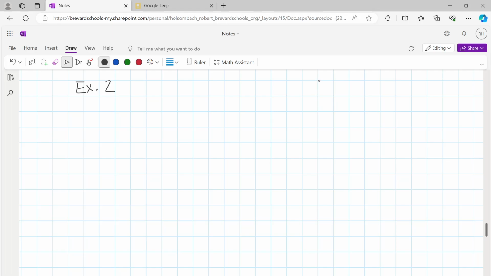We've got this parallelogram QRST. Both diagonals are in there.